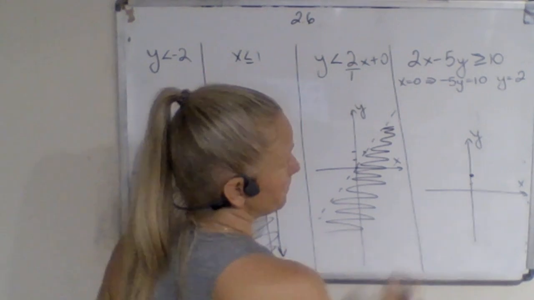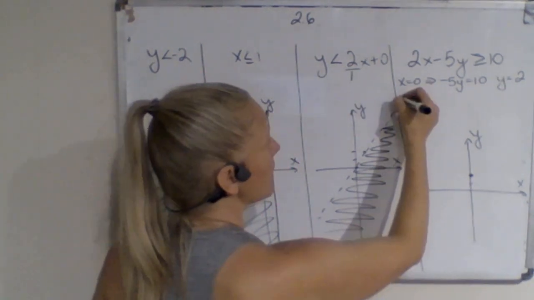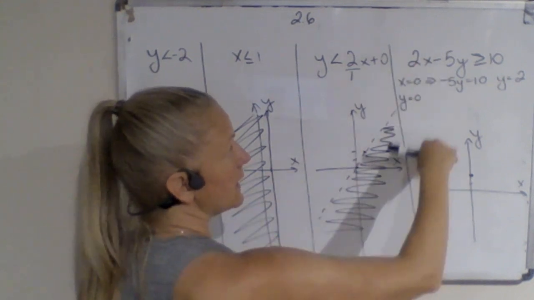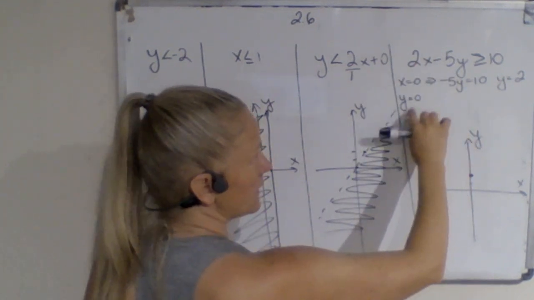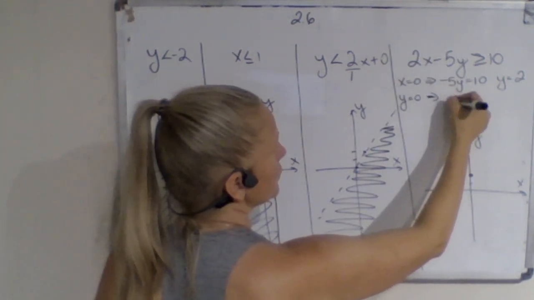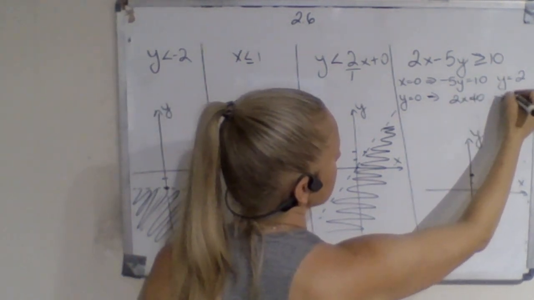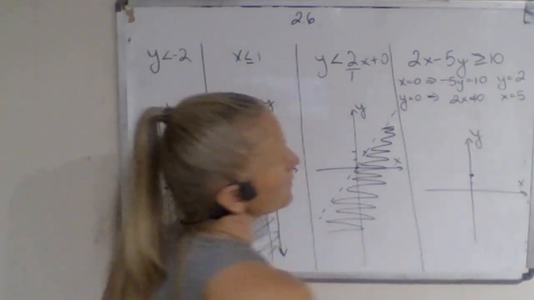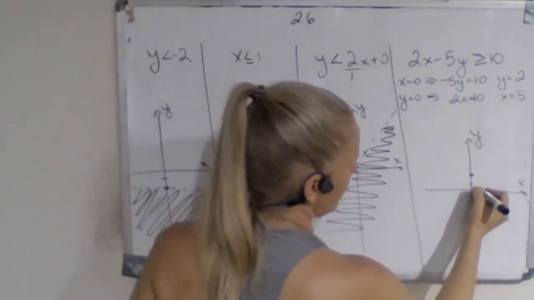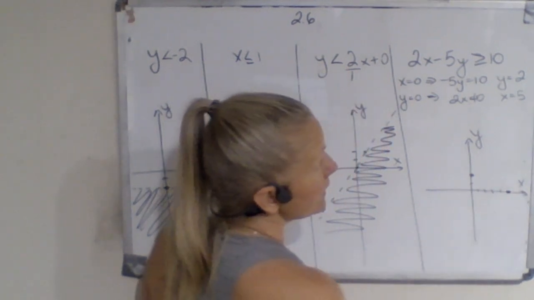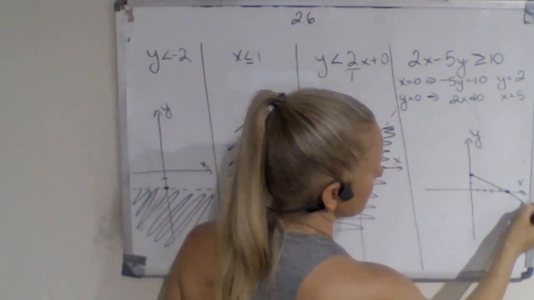Now if I make y 0, and this is what we did last week, right? This is the standard form. We make x 0, get the y, make the y 0. I end up with 2x equals 10, which means x equals 5, right? x is 1, 2, 3, 4, 5. It's a less than or equal to line, so it's a continuous line.